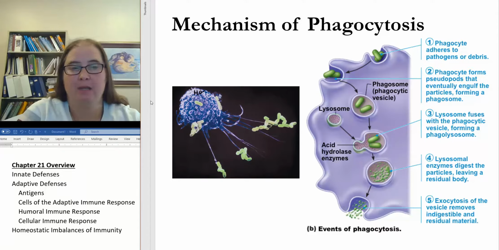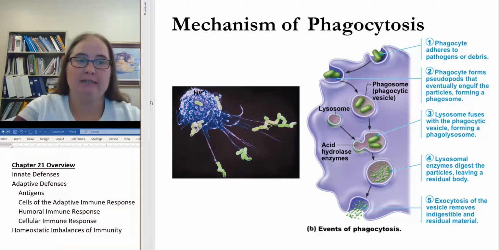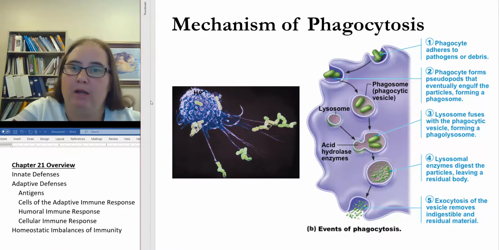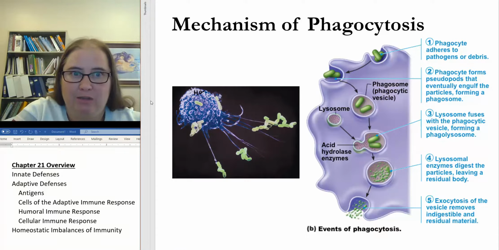Now inside of this macrophage, it also produces vesicles coming off the Golgi apparatus known as lysosomes. Lysosomes contain a whole bunch of hydrolytic enzymes, enzymes that are basically going to destroy things. So this lysosome merges with this phagosome and becomes a phagolysosome.